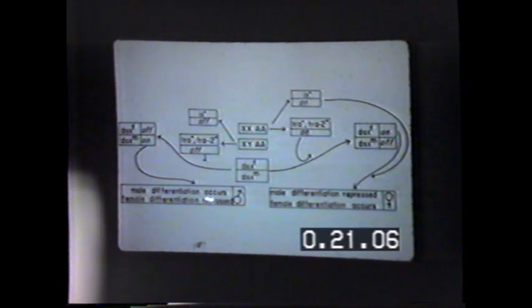Conversely, if the doublesex gene finds itself in a chromosomally male individual, it expresses the doublesex male function, and the doublesex male function is to repress female differentiation. Male differentiation is not repressed, so that one gets male development.